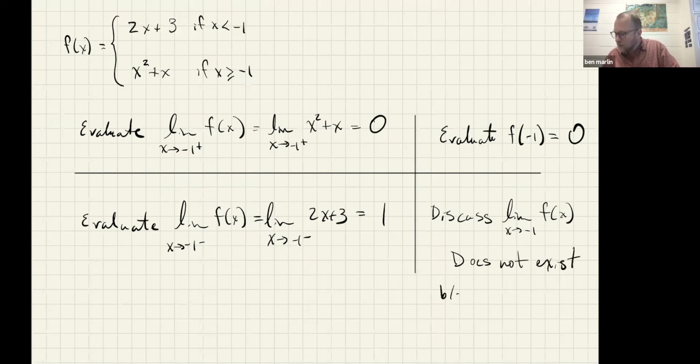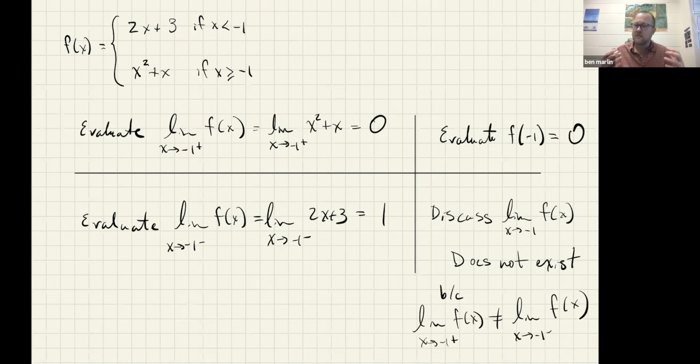And that is because the limit as x goes to -1 from the right of f of x is not equal to the limit as x goes to -1 from the left of my f of x. Because those two things are not equal, we don't actually have a limit. We have left limits and right limits, but not a whole limit. So to have the whole limit, you have to have the agreement from the left and right. To get continuity, you also have to have the function value to exist and for all three to agree.